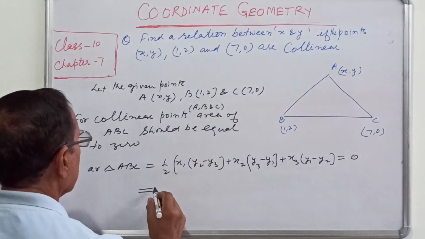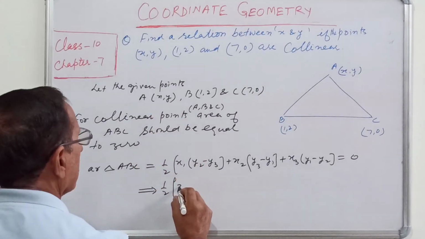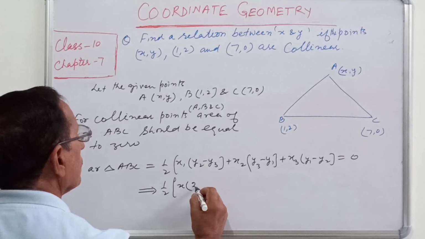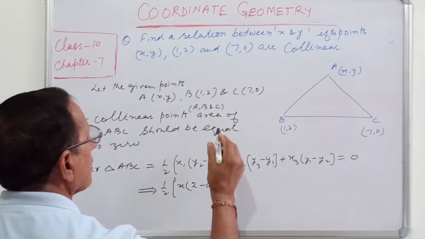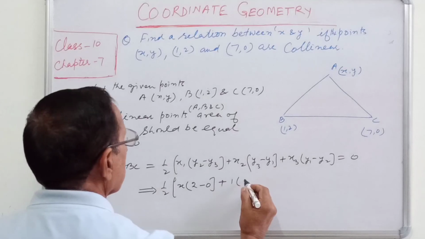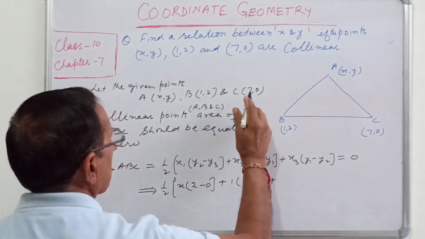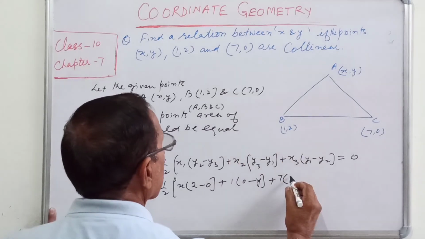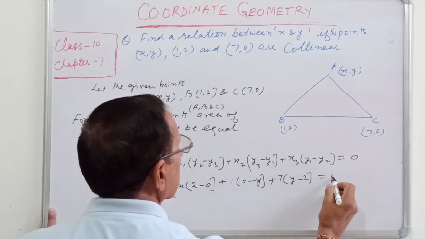Substituting the values, x1 is x, y2 is 2, y3 is 0, x2 is 1, y3 is 0 and y1 is y, x3 is 7 and y1 is y and y2 is 2, that is 0.